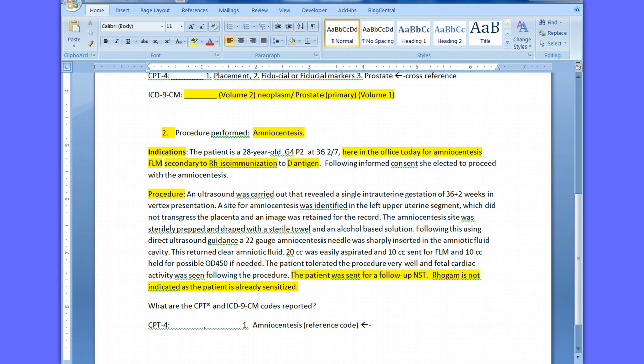And when we get there, whatever our reference code is, we have to read. Of course, we double check the code, and if the code is accurate, we're going to read parentheses. The parenthetical notes is what they're called. The parentheses gives you an additional code to report for the radiologic service and interpretation.